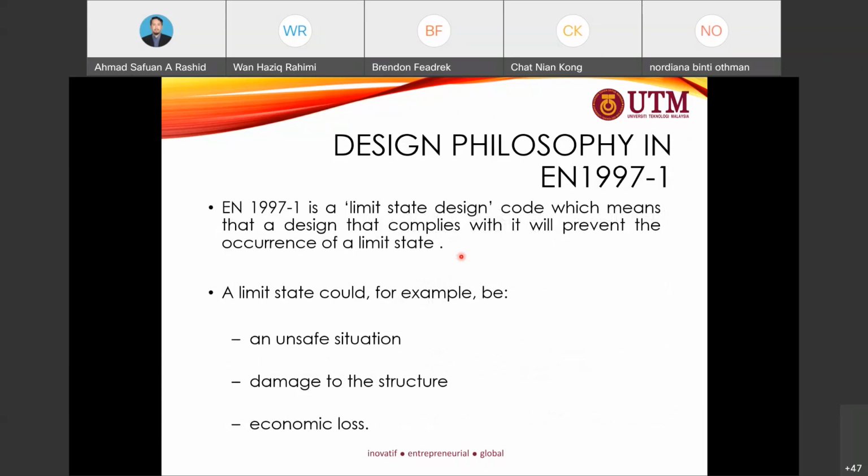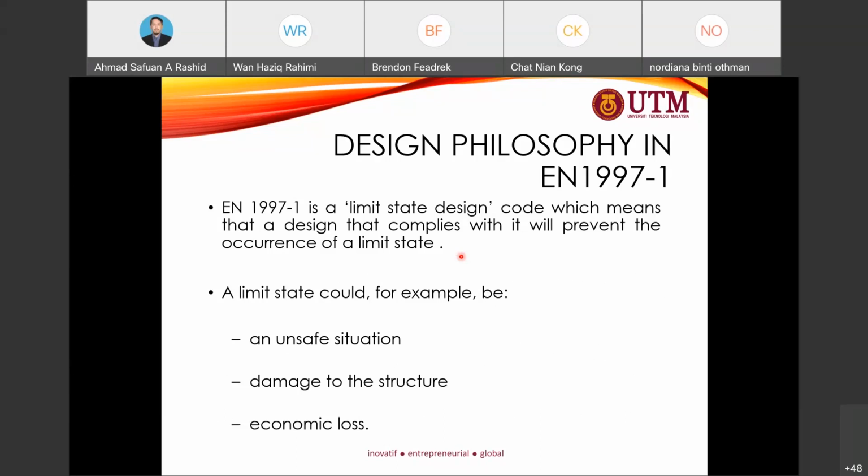Eurocode 7 Part 1 is a limit state design code, which means that a design that complies with it will prevent the occurrence of a limit state. A limit state could, for example, be an unsafe situation, damage to structure, or economic loss.